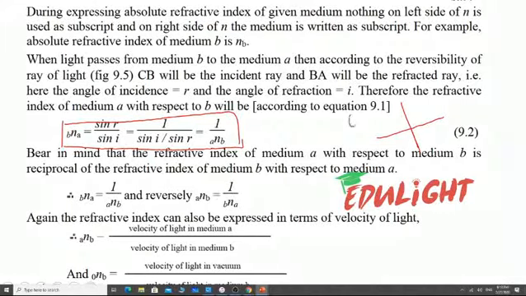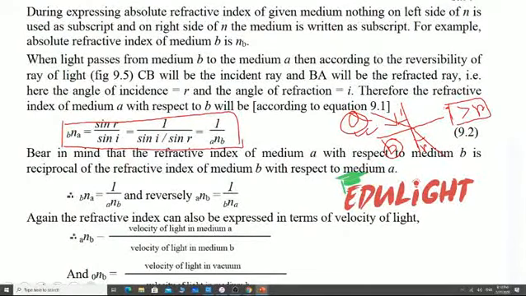Let's say this is medium A and this is medium B. If light is incident from medium A to B, and let us say A is the rarer medium and B is the denser medium, then obviously with the normal, I will be greater than R in this case, as we have considered this as the denser medium and this as the rarer medium.